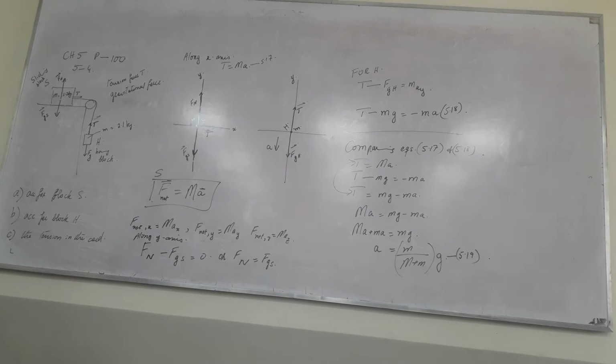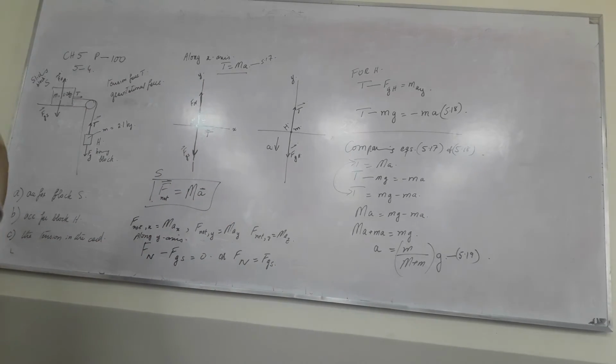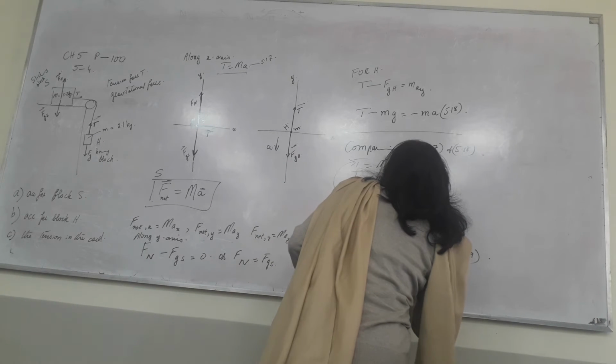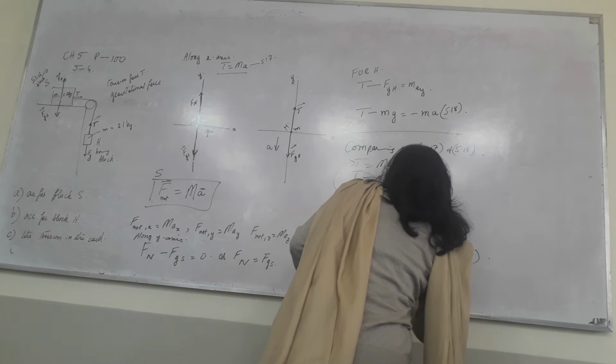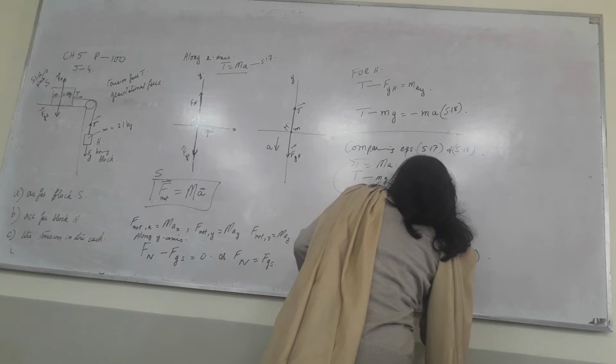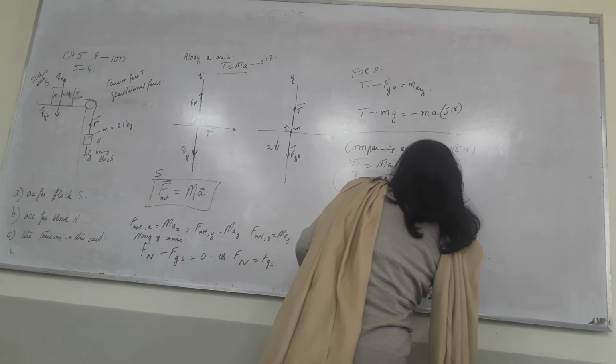Now, we had to find the tension and the acceleration. So we can substitute these values and we can find the acceleration. For example, the acceleration will be equal to 2.1 kg divided by 3.3 kg plus 2.1 kg, multiplied by 9.8.